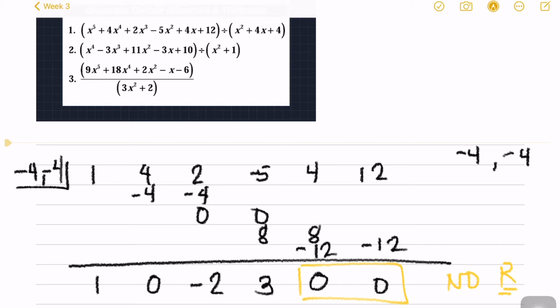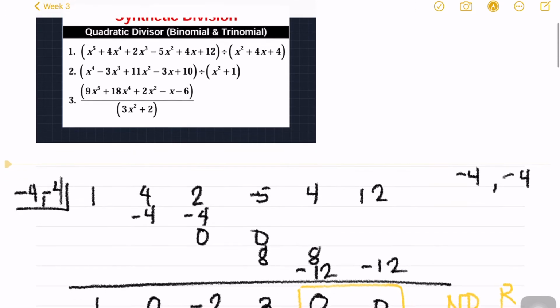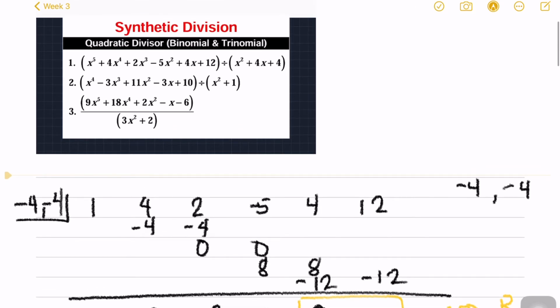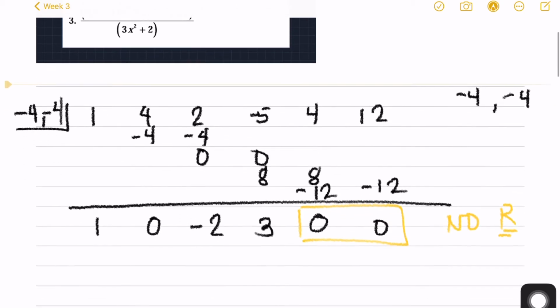Now, paano natin isusulat ang sagot natin as the quotient of this problem? Take a look at the degree of our dividend, that is 5, and the degree of our divisor, that is 2. What do you think is the degree of our quotient? Right, the degree of our quotient is 3.